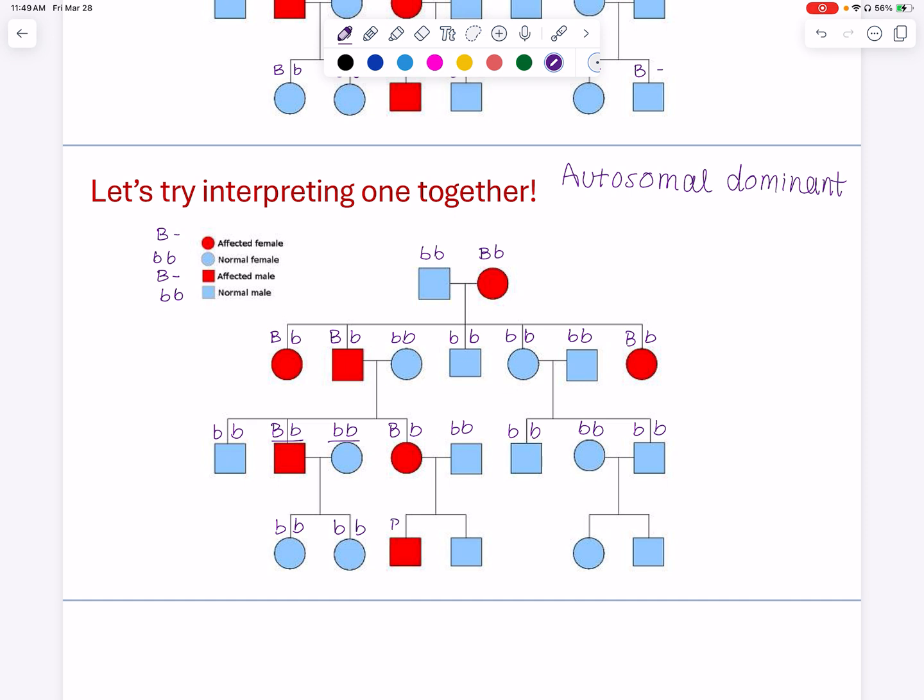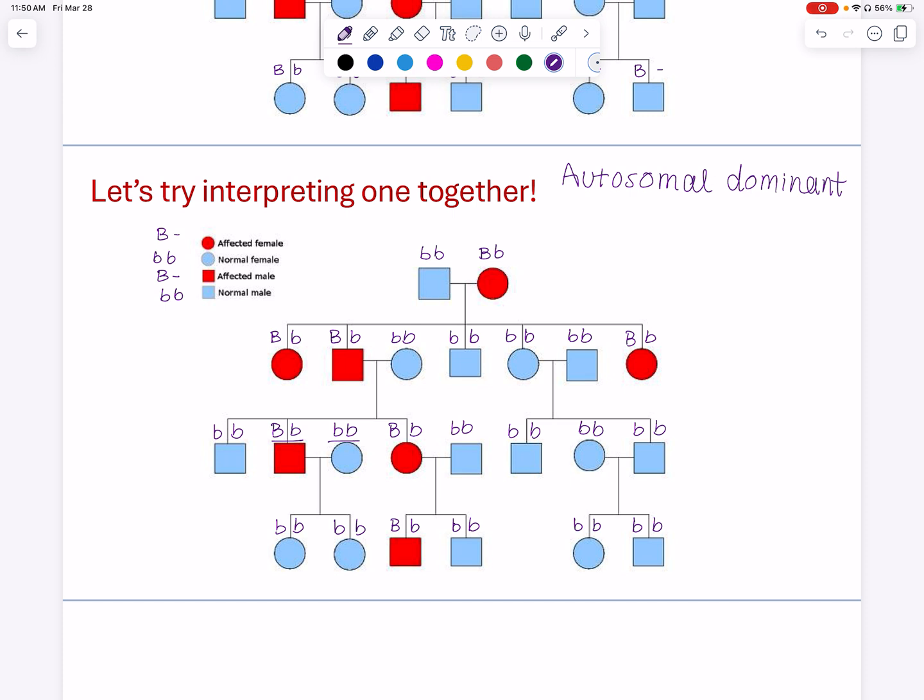Down here, we have a big B from mom, little b from dad, and just so happens that these 2 are probably going to be 2 little b's because again, they are recessive. And then over here, this one's very easy. We just have little b's all the way across. And so we've gone through and we've completed the genotypes entirely for the potential of this being an autosomal dominant trait, and we have seen no issues.